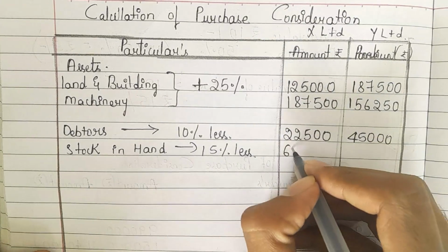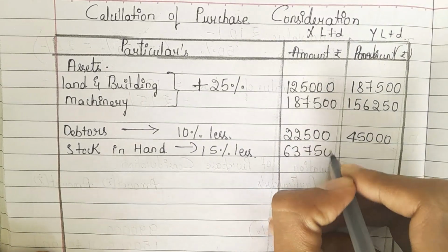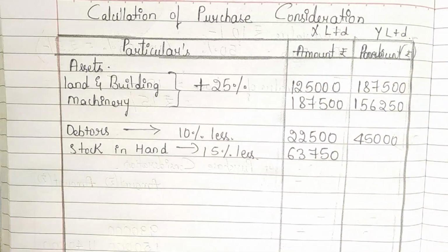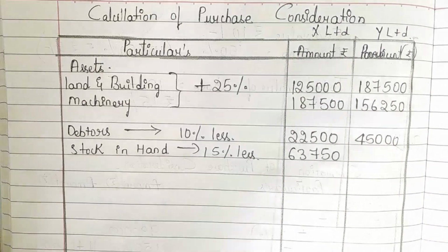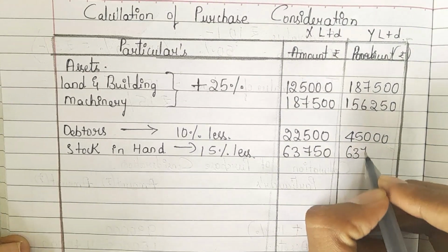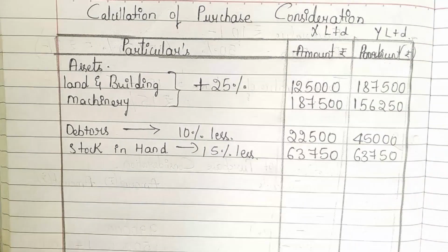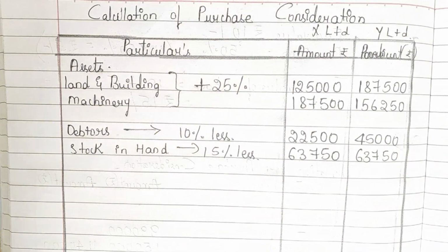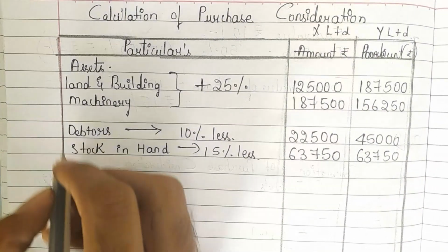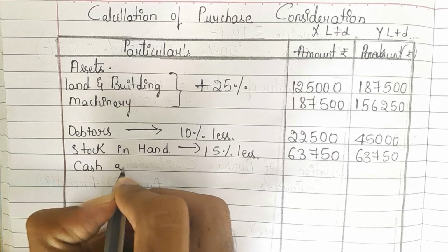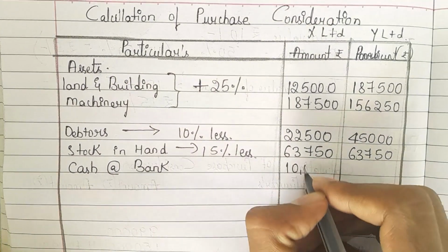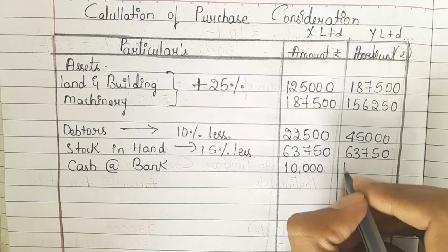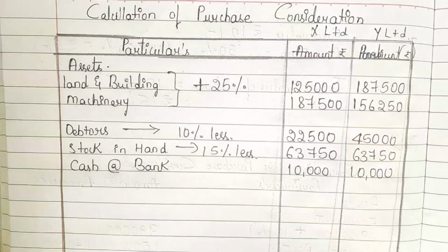That 63,750 you need to write over here. Next, Y Limited has stock of value rupees 75,000. So same, here also 63,750 you need to write. Next, cash at bank. How much is there? This is 10,000. Then here also 10,000.